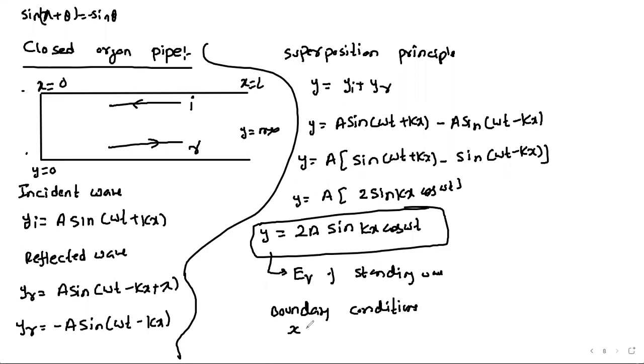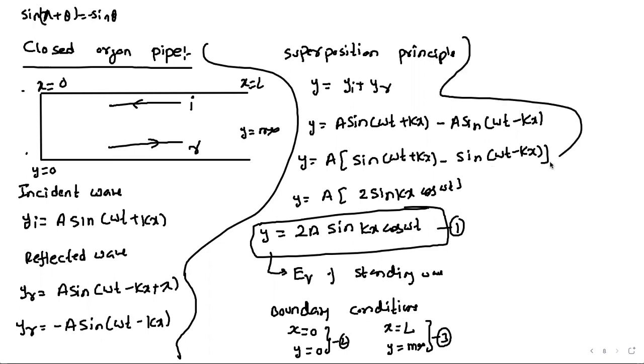Boundary condition means at x equal to 0, your y is equal to 0. Let's call this equation number 1, and this equation number 2. At x equal to L, your y is equal to max. Let's call this equation number 3.